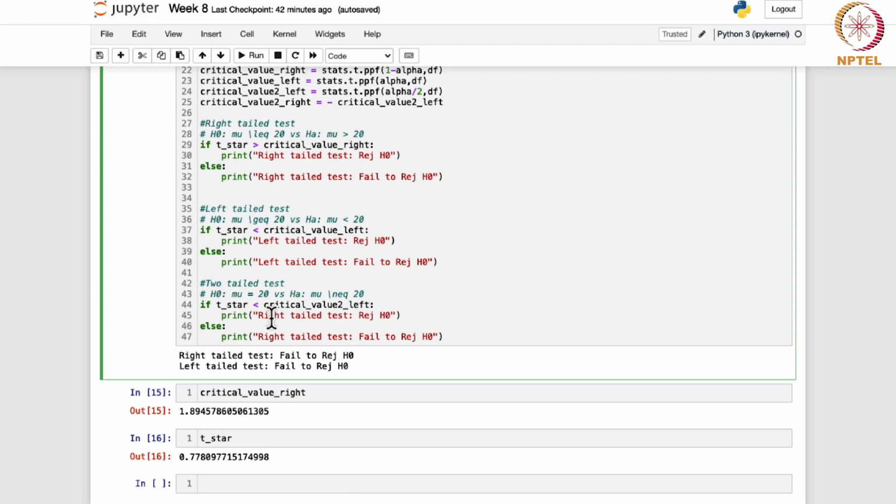So we can write it as if t star is less than the left tail critical value, or t underscore star is greater than the right critical value to the right side. In that case, you would print the two-tailed test is rejecting the null, and otherwise failing to reject the null.